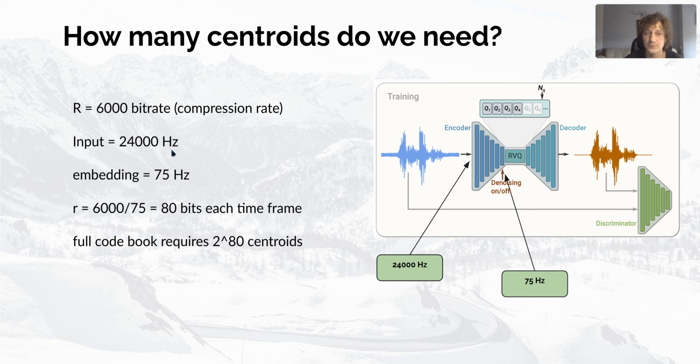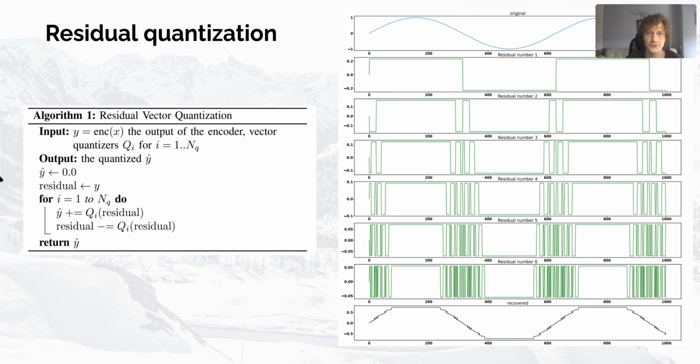In reality, people would use a much lower number of centroids to approximate this value, but we can do a slightly different thing here. So let's talk about residual quantization. For example, we have a sinusoid here, and we quantize our sinusoid. Exactly the same idea is represented here.